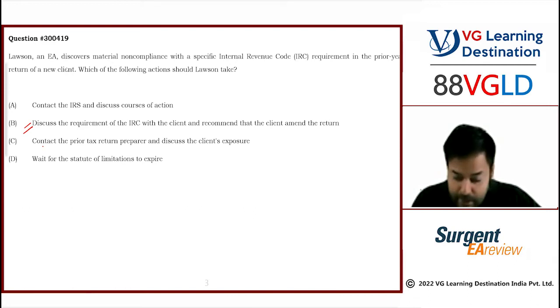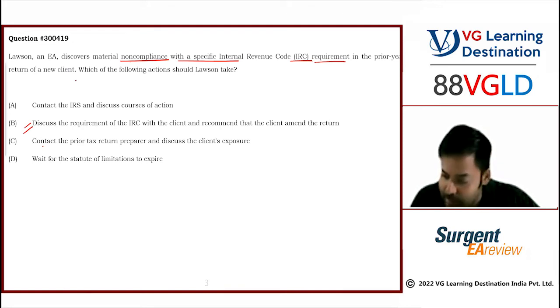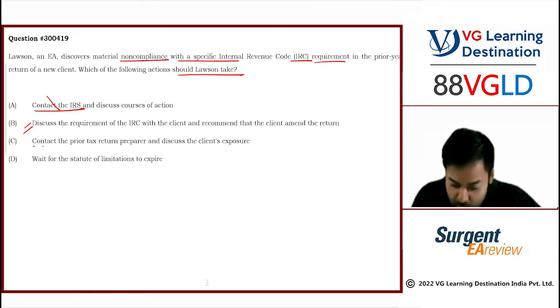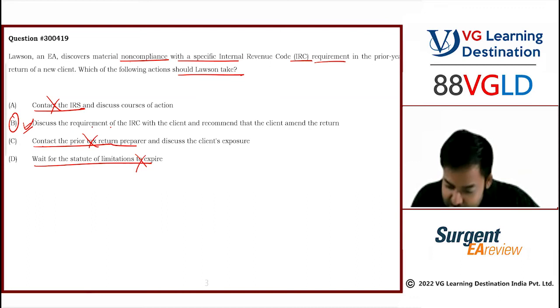A lawyer and EA discovers material non-compliance with specific IRC requirements in the prior year return of a new client. Which of the following actions should the lawyer take? Contact the IRS? No. Contact the prior tax return preparer? No. Wait for the statute of limitations to expire? No. B is the answer, correct. Discuss the requirements of the IRC with the client.